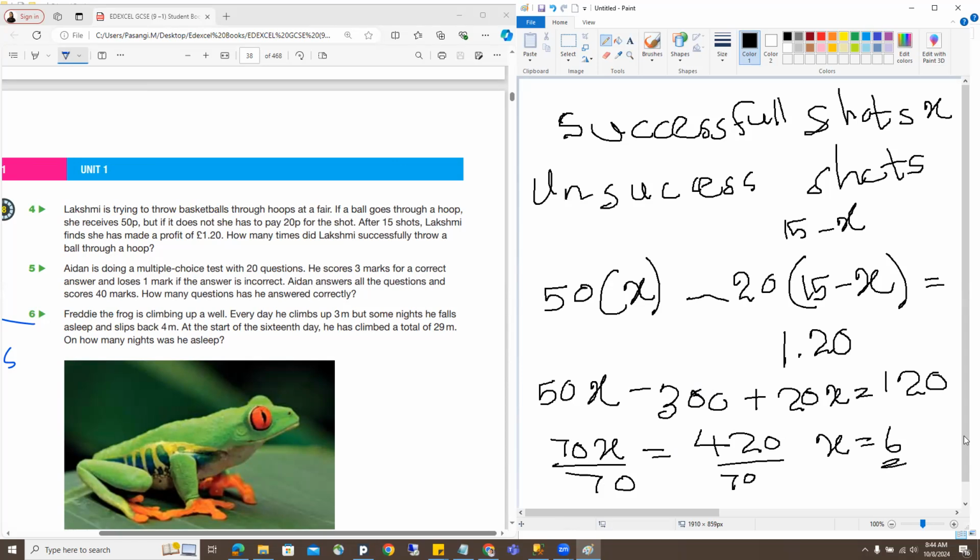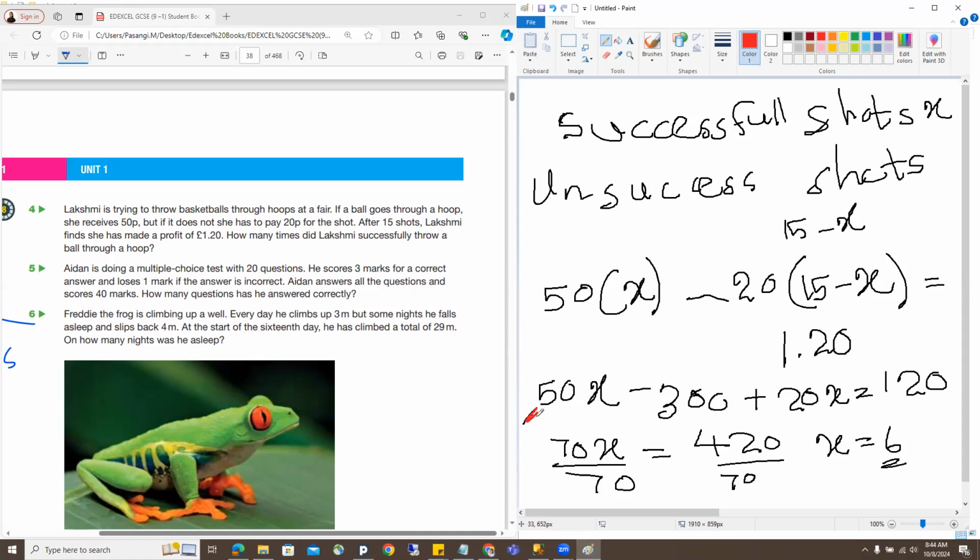The answer. You got 5, right? Is this equation correct? Whatever I received, this one. The bracket term is not there. You marked that one in red.